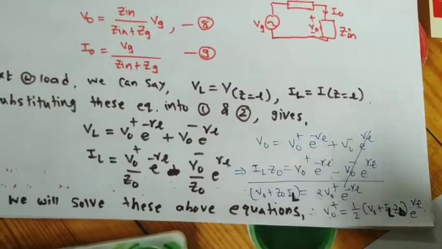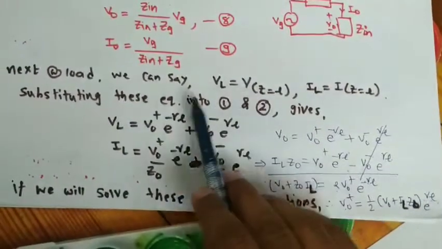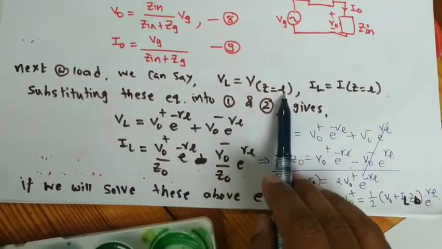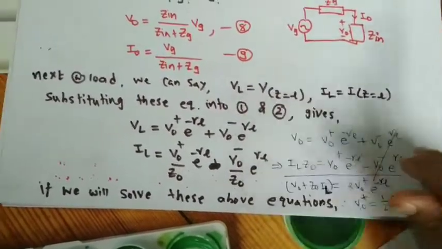Now we will similarly find V0 minus for these conditions, where at z equal to L we have VL and current IL.